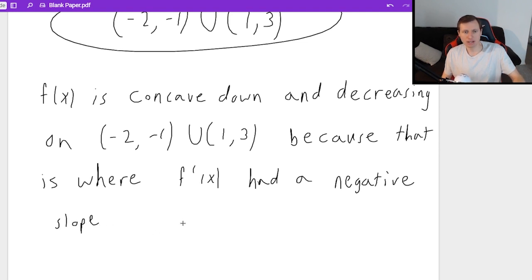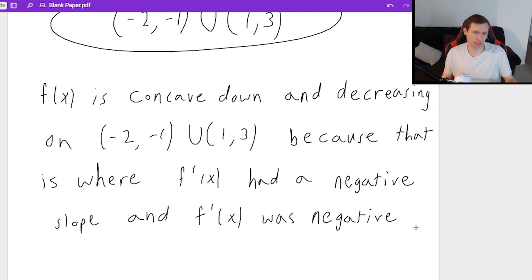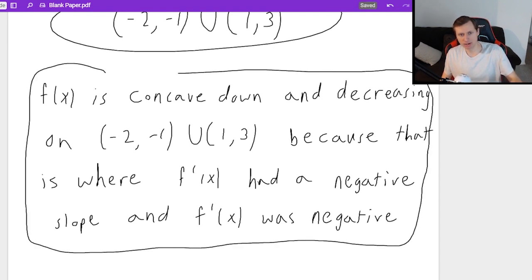Again, that was the concave down condition. And f prime of x was negative. That was the decreasing criteria. And so this is my whole explanation right here for that one.